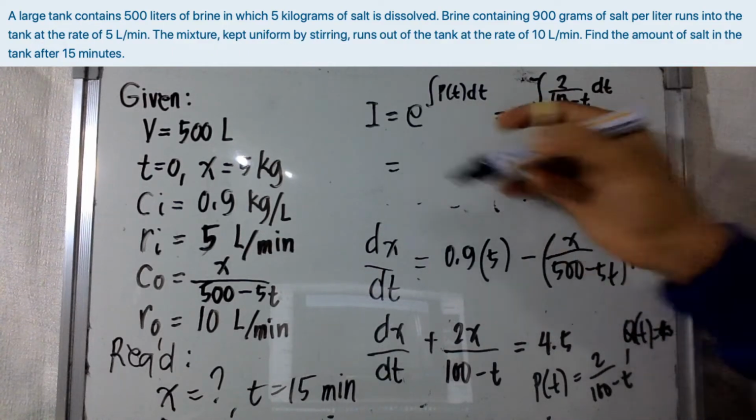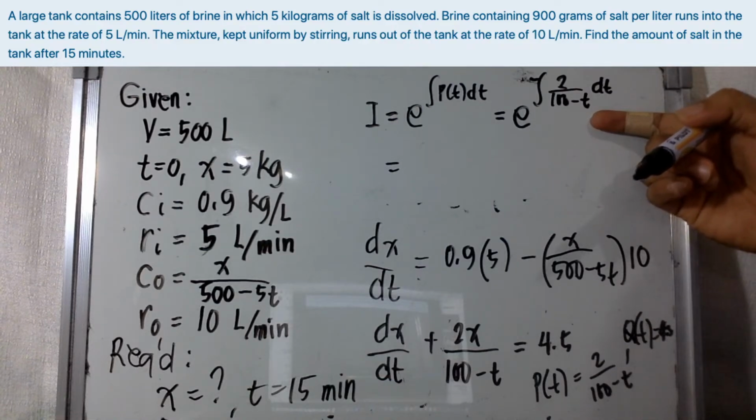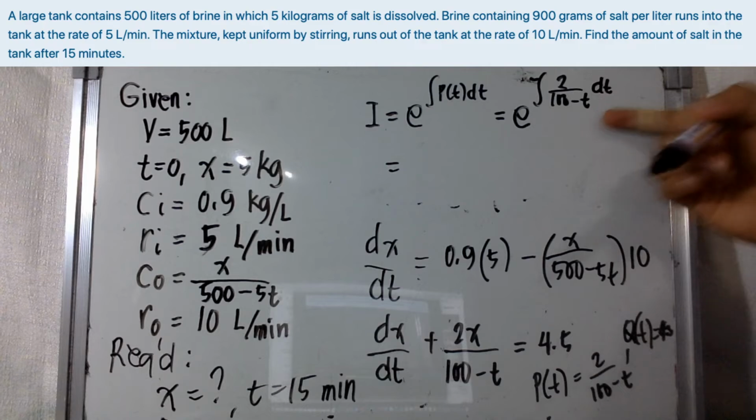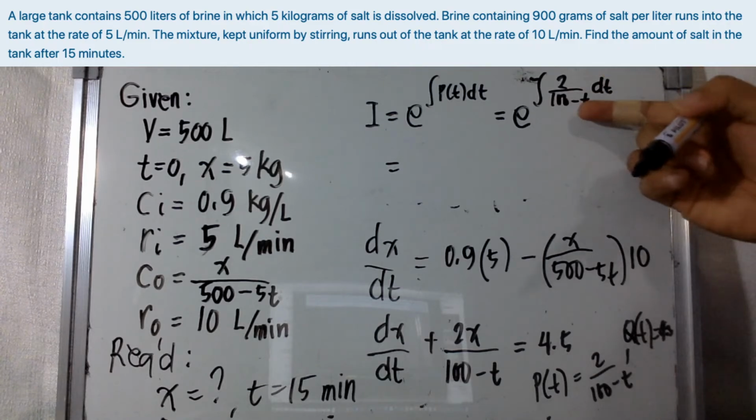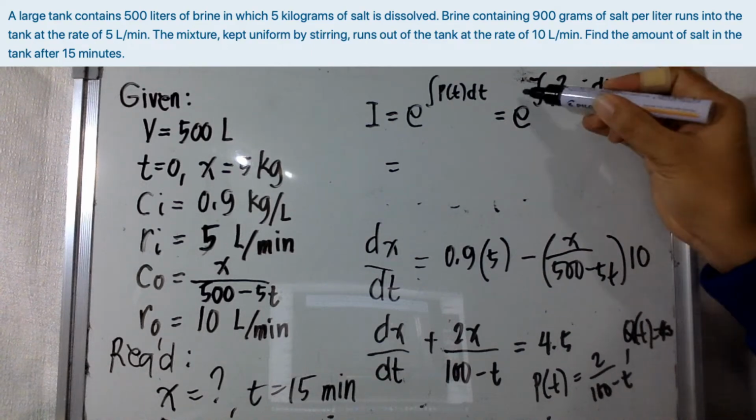Okay, so we integrate this part. This is actually logarithmic. So we check. So differentiate this. It will be negative dt. So we have a neutralizing factor here.